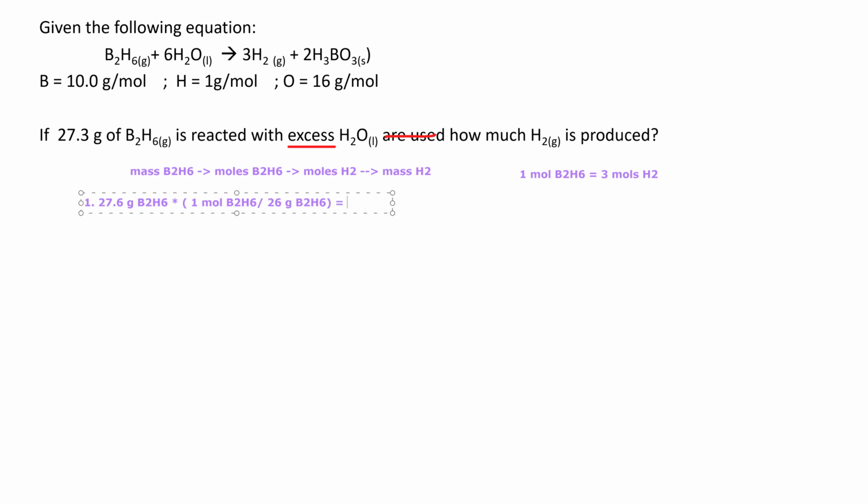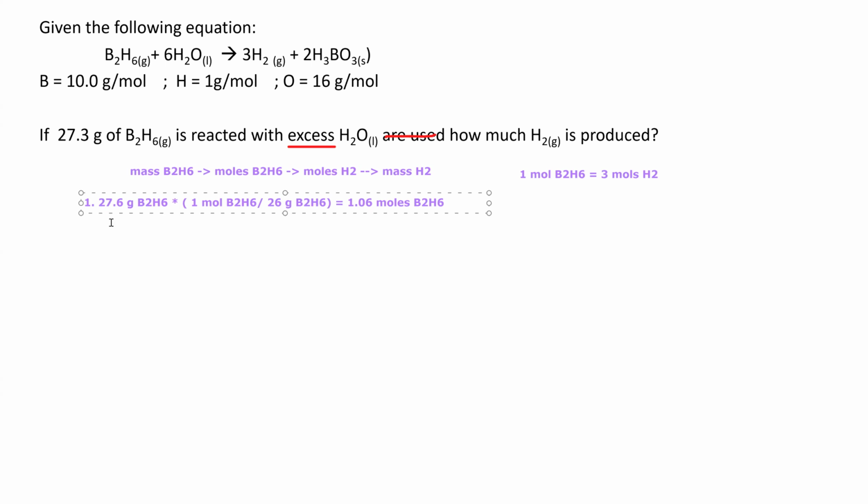And we'll see what this is. So this is step 1. So we get 1.06 moles of B2H6. So again, dividing by the molar mass gives us the moles of reactant.